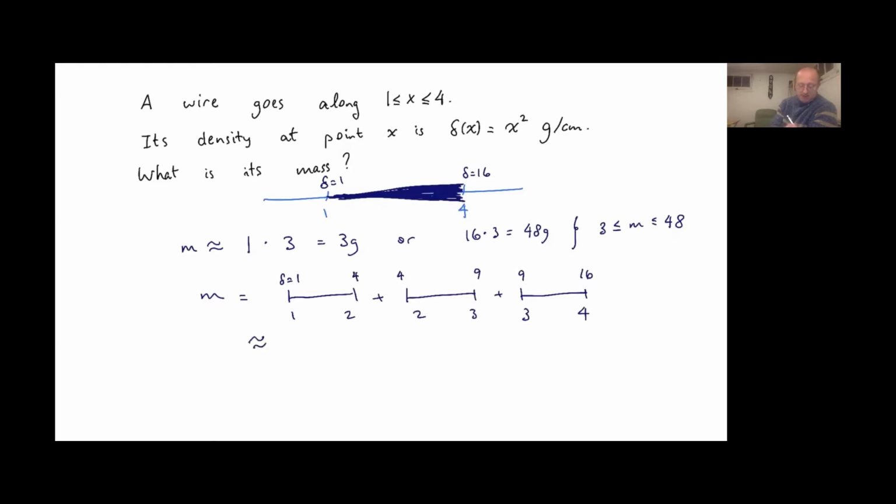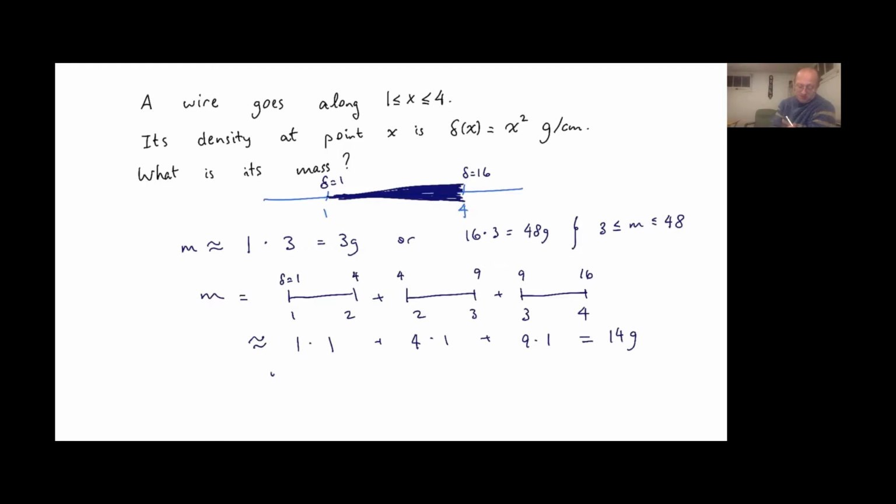That means that this first piece, being 1 centimeter long, has density about 1. So density 1 times 1 centimeter. This next piece has density about 4 times 1 centimeter. And then the third piece has density 9 for 1 centimeter. 1 times 1, 4 times 1, 9 times 1, those add up to 14 grams.